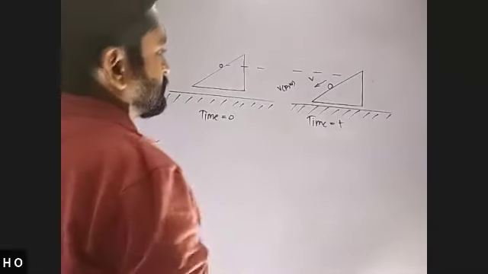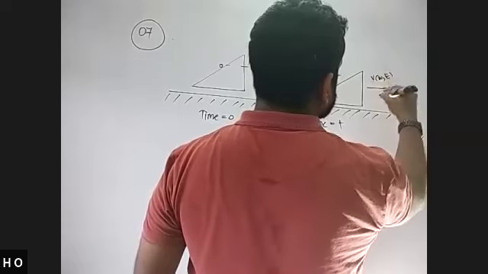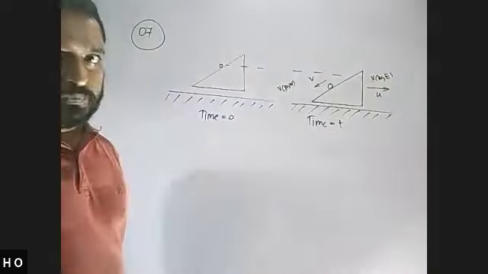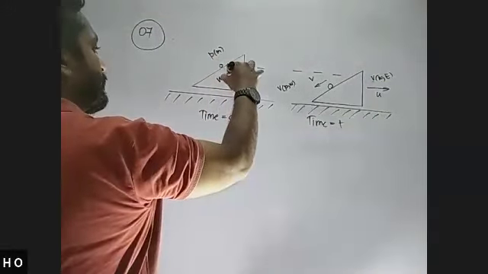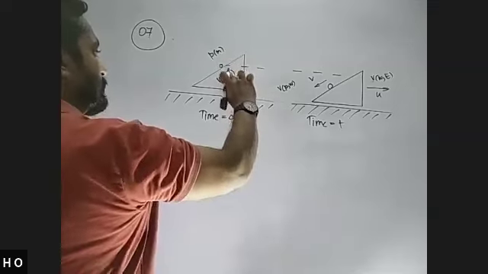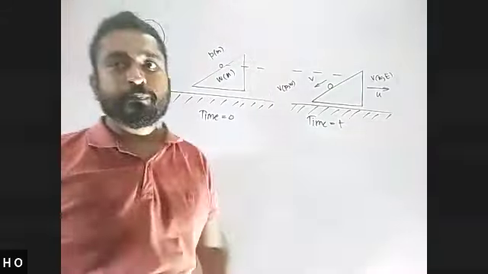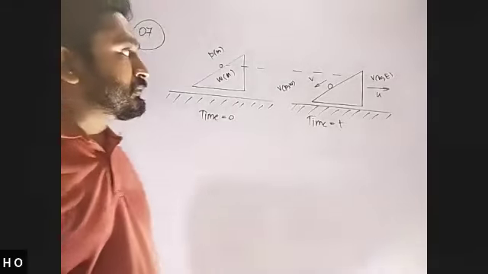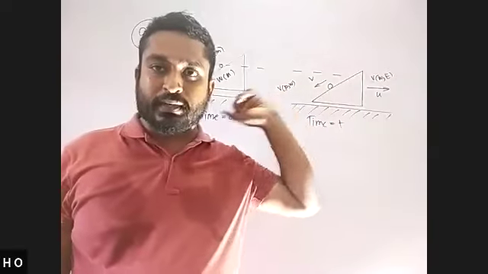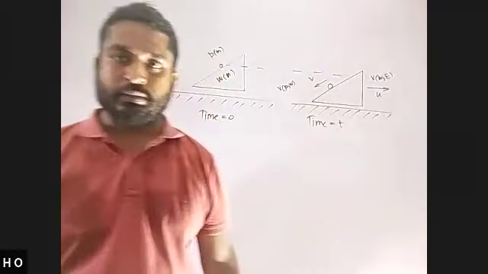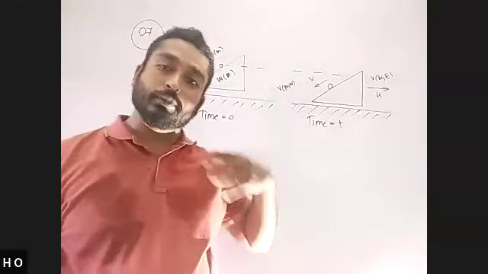Let us say the velocity of the wedge relative to Earth at that time is u. All right. So this is the particle of mass m, and this is the wedge of mass capital M. By the way, when you consider the particle, for the direction of motion, the particle has got a force: the reaction from the wedge on the particle.